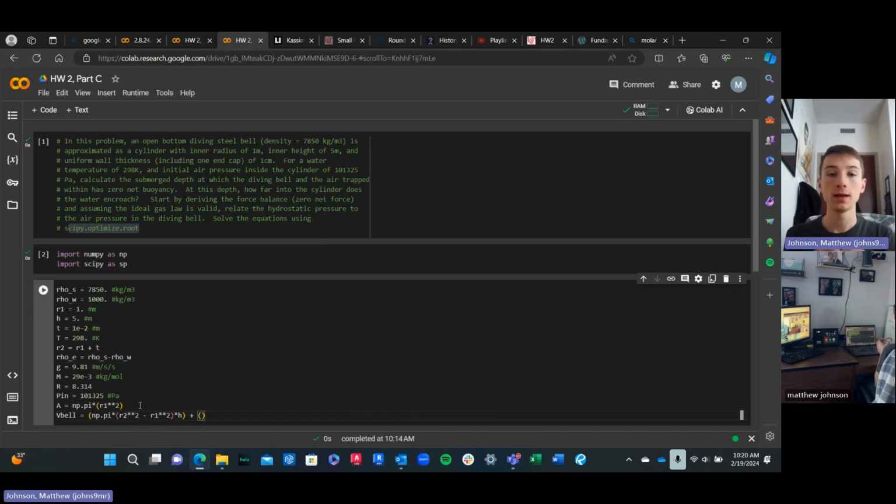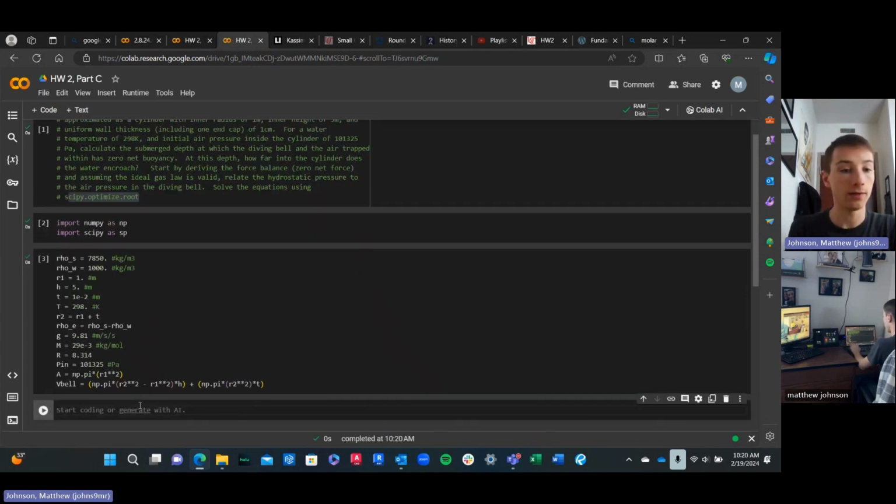The end cap volume is just pi times r2 squared, the outer cap, times the thickness of the container. That should be good. I think that's all the variables we'll need. I guess we'll find out if we don't have enough.